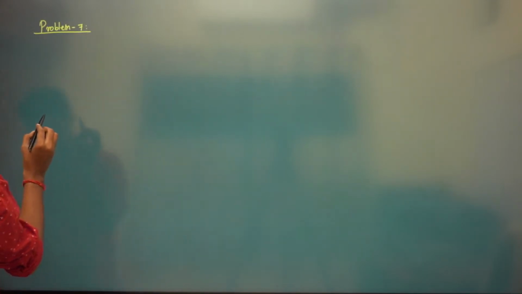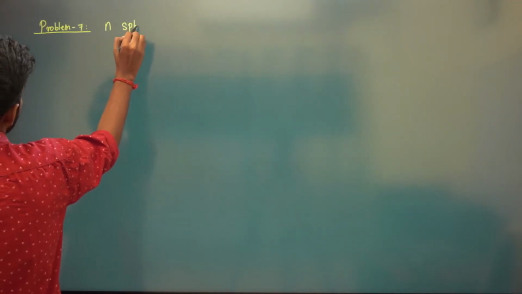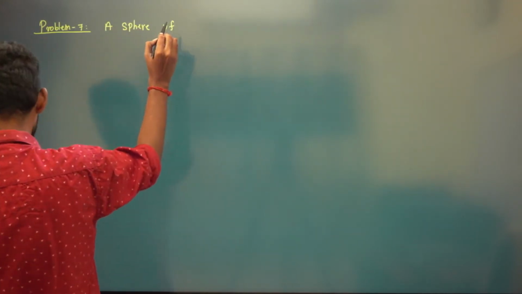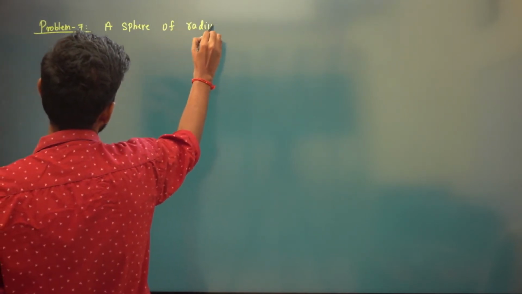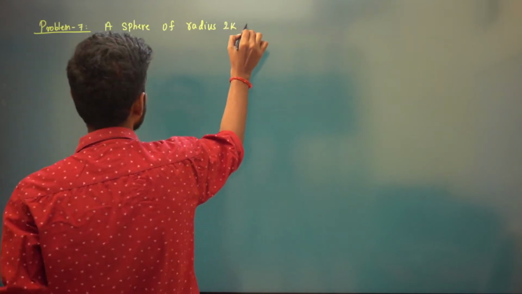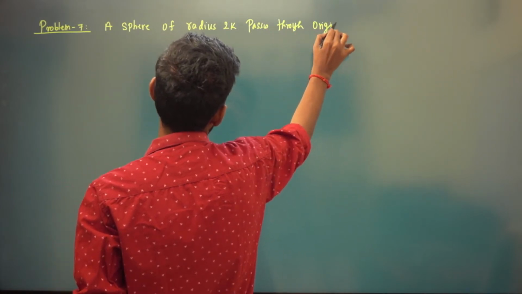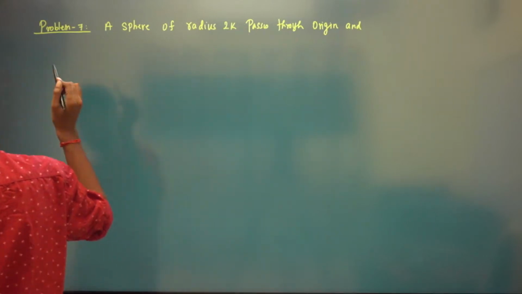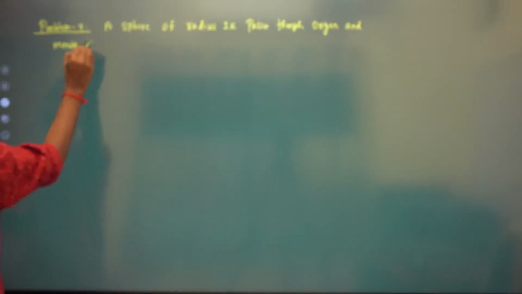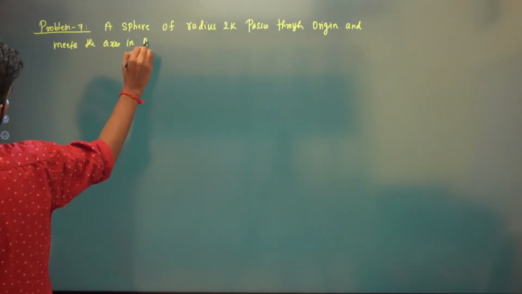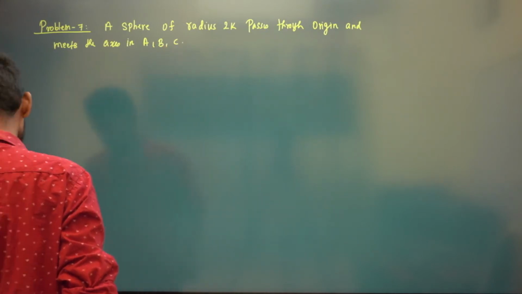Number 7. A sphere of radius 2k passes through origin and meets the axes in A, B, C respectively.